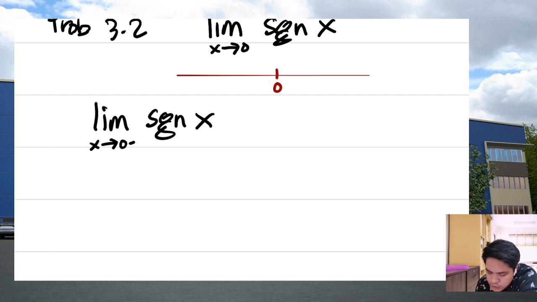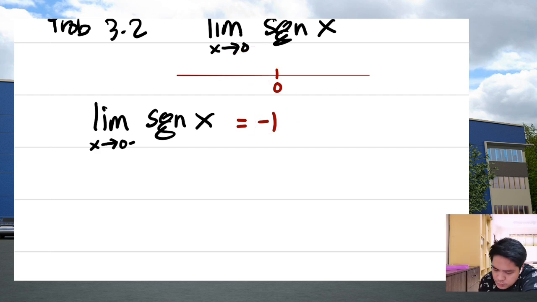And we know that the signum of a negative number is negative 1. So, the result is negative 1, right? For example, what value of x is close to 0 but nasa left ng 0? So, let's say, sabihin natin negative 0.01. So, the signum of negative 0.01 is just negative 1.